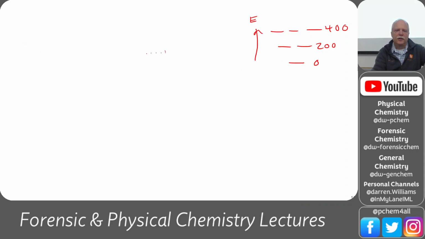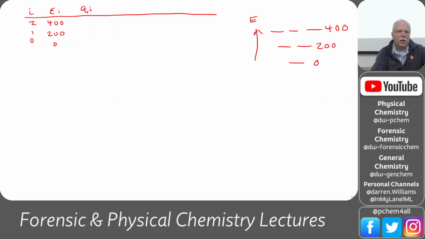So let's calculate this situation. If we go back to the early notes, this one down here is still a Boltzmann factor of 1 because we have e to the minus 0.